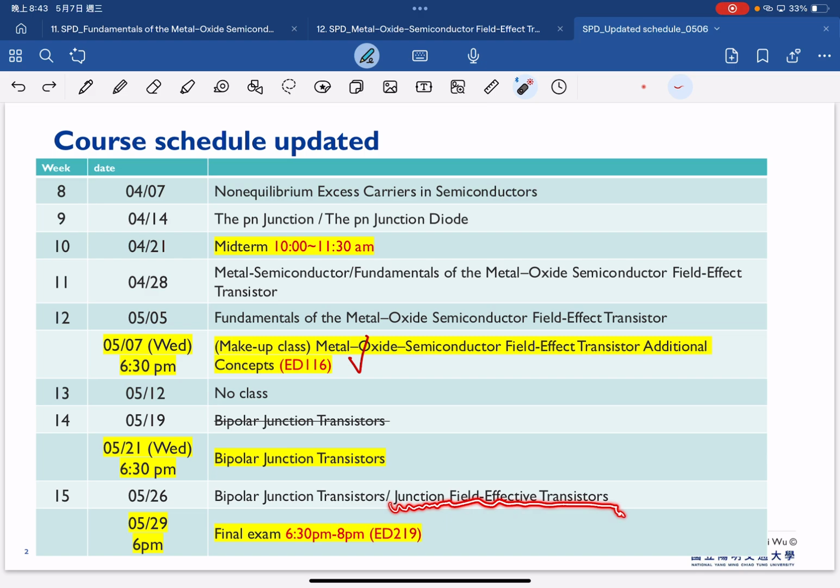If you are interested, I will still upload the slides, which are not many, probably fewer than 15 slides, and you can read them by yourself. I can also share last year's recording where we talked about the junction FET, in case we cannot cover it. But in any case, the junction FET will not be included in the final exam.